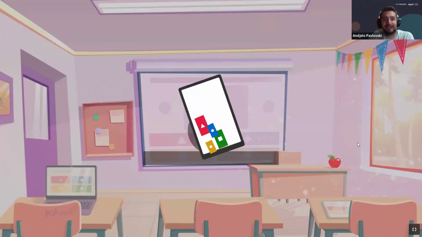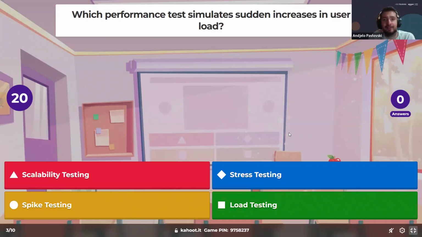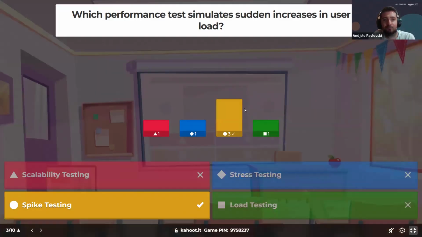Let's move on to the next question. Which performance test simulates a sudden increase in user load? So, sudden increase in user load. Wonderful.